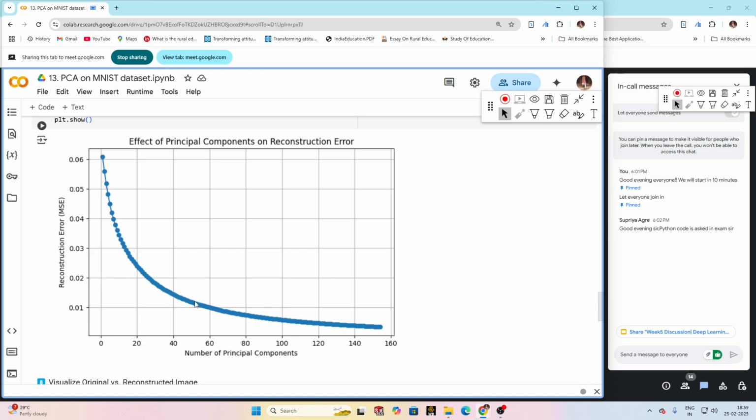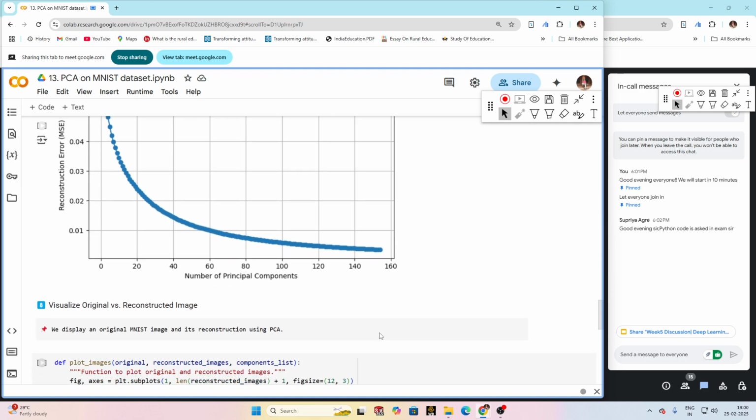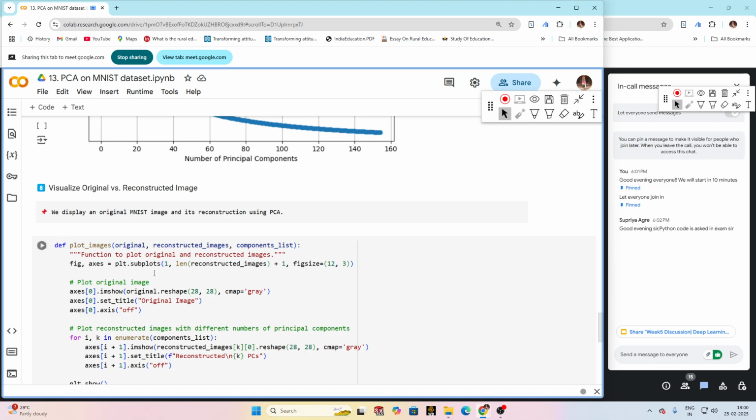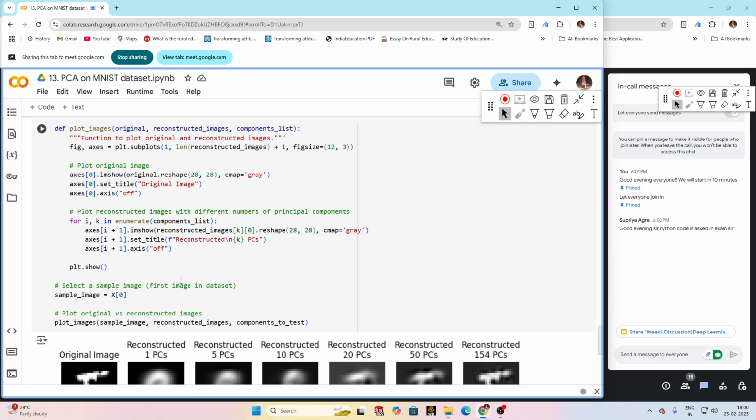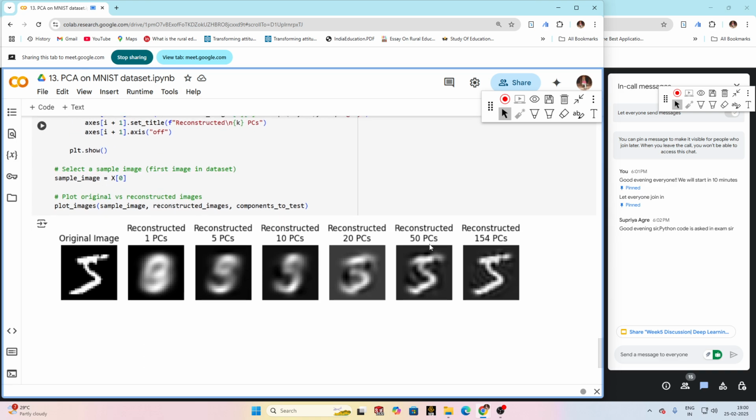But as we add principal components one by one and get to 154 principal components, our reconstruction error decreases so much, and we get more than 95% of variance of the data.